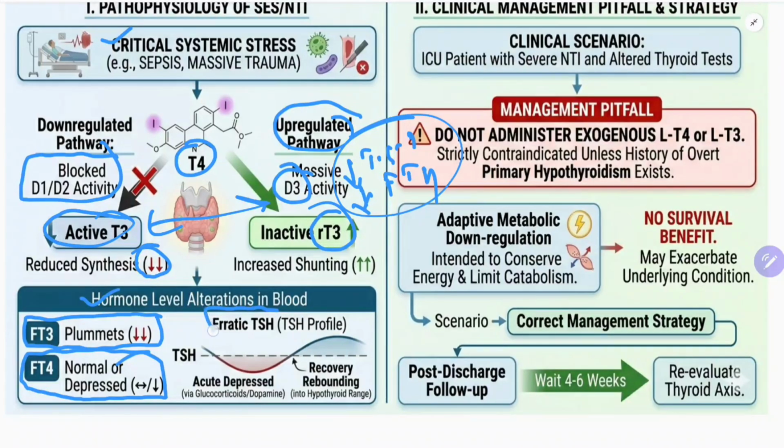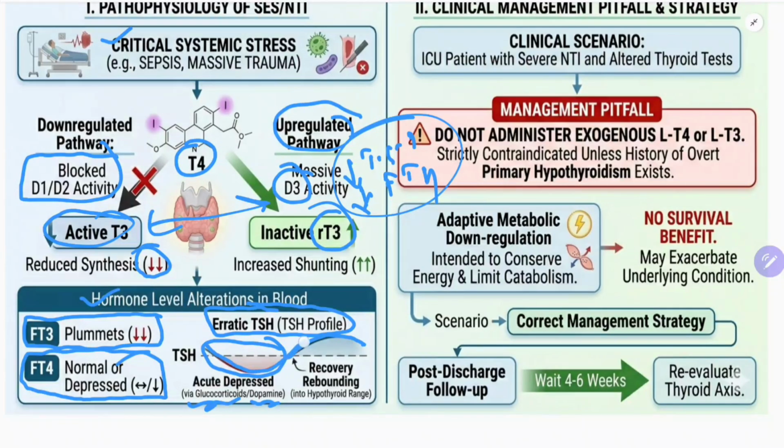And TSH will be erratic. The TSH profile will be erratic. Initially, because you give glucocorticoids and dopamine, TSH will be depressed because of glucocorticoids. Steroids, remember what they will do? Steroids will increase the binding globulins, so peripheral T4 will be less. So that will decrease the TSH. And during the recovery phase, TSH will increase slightly.